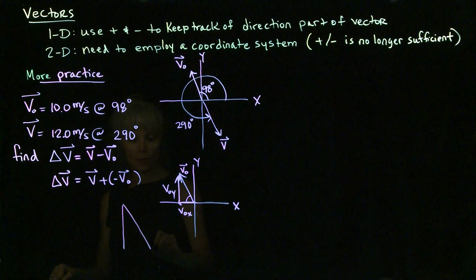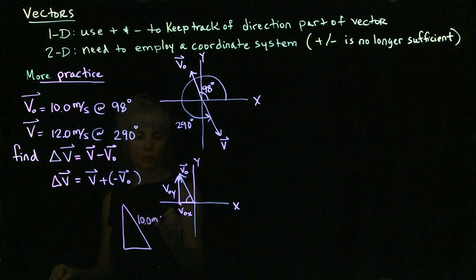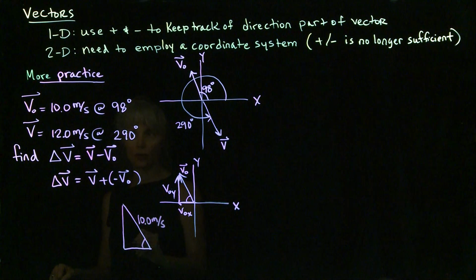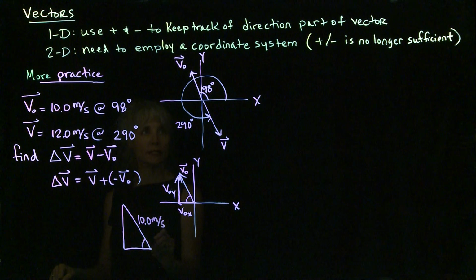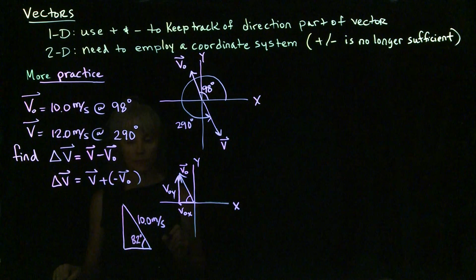Make it nice and big. Okay, and this side is 10 meters per second. And this angle right here is going to be 180 degrees minus 98, which is going to be 82 degrees. So this angle right here is 82 degrees.